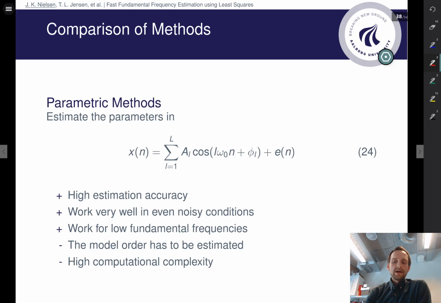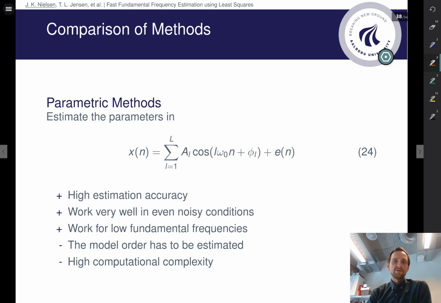The other main group of methods, I'll label this group as parametric. These are all based on a signal model, so the one here, and they typically have a very high estimation accuracy if the data is indeed periodic.